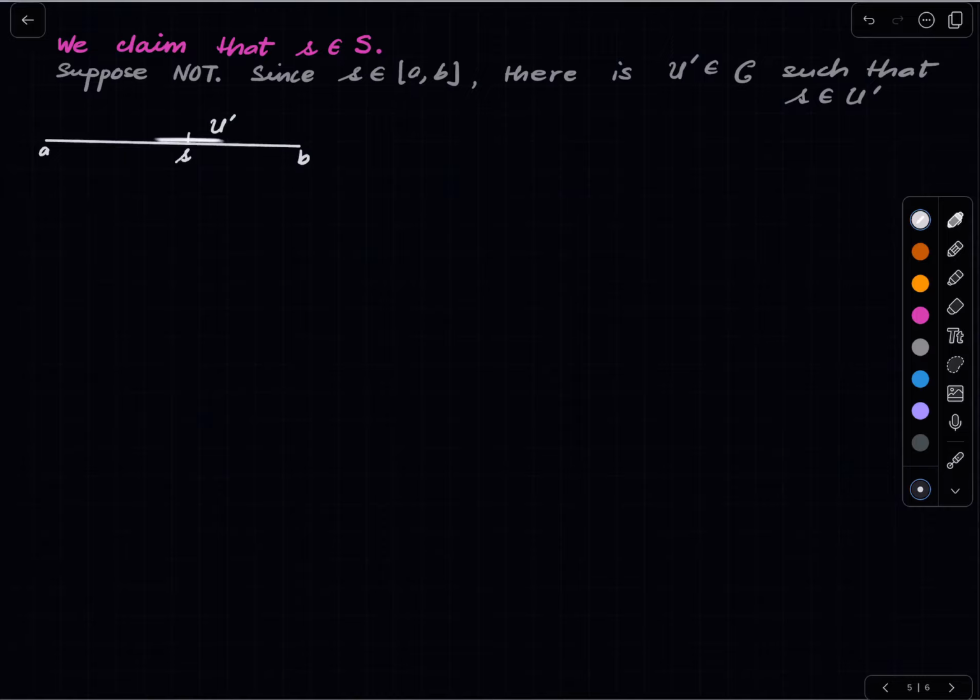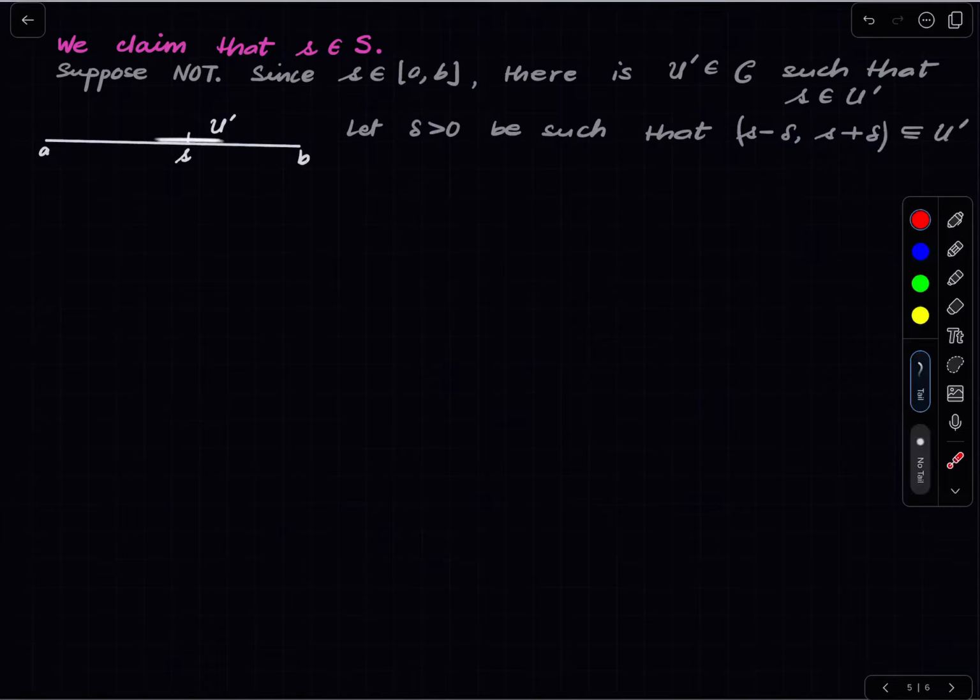And now, since U prime is an open set, let delta be such that this interval is contained in U prime. So since U prime is an open set, there is some room around s that is contained in U prime.